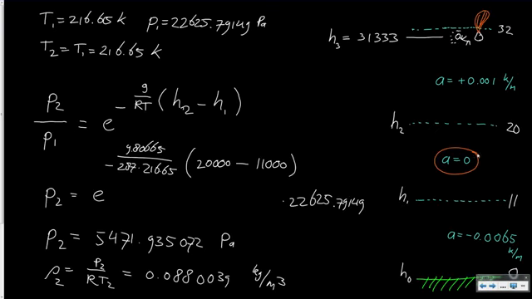So let's look at these values. Do they make sense? This value of P, 5,000 Pascal instead of 100,000, which we started with, means about 5% of what we had.